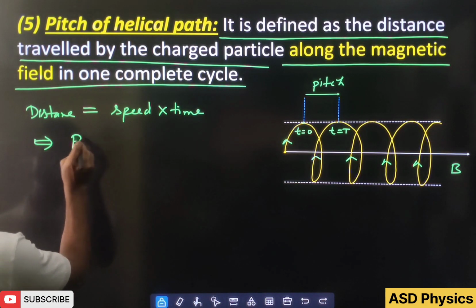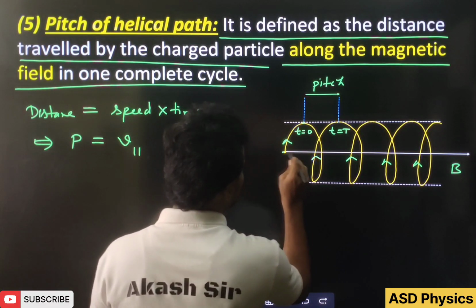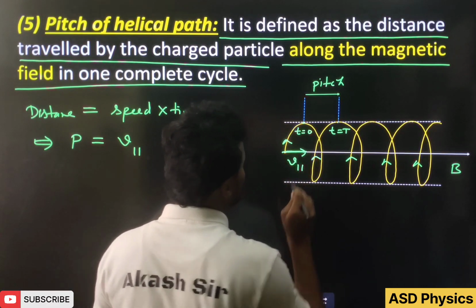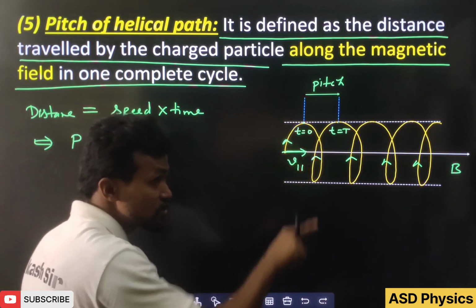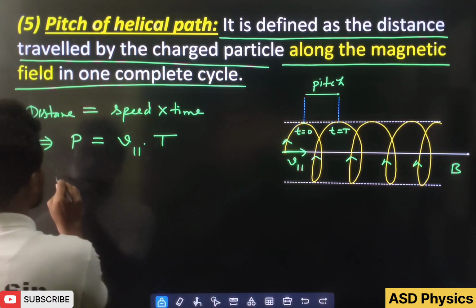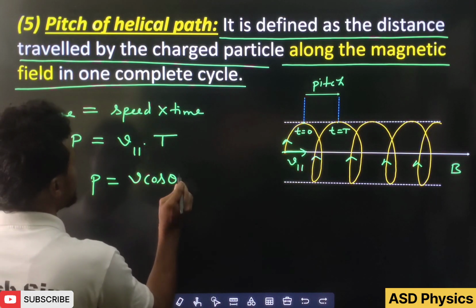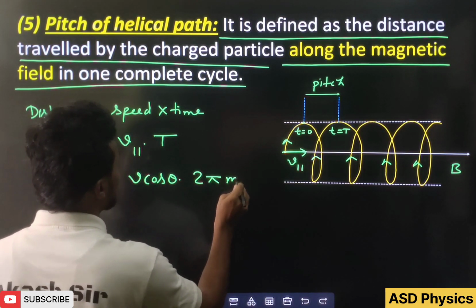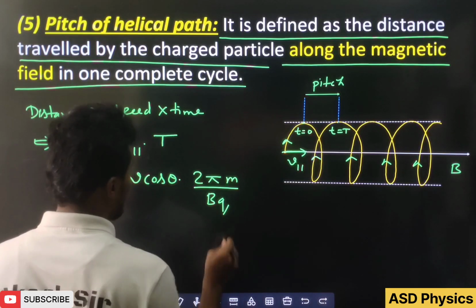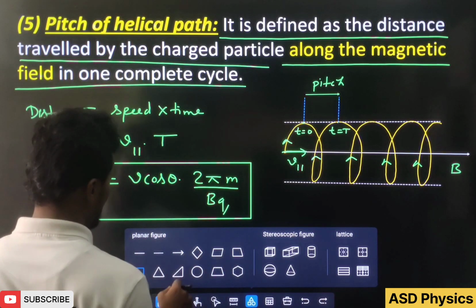So this pitch P equals speed, which is the V parallel component, in this direction. Because of that only, the charged particle has the tendency to go ahead, into the time period T. So P is equal to V parallel, which is V cos theta, times T, meaning 2 pi m by BQ. Okay, and here I will put this in a box, important.